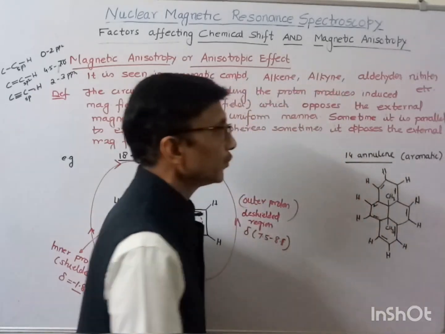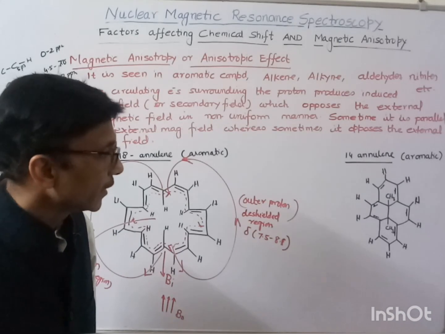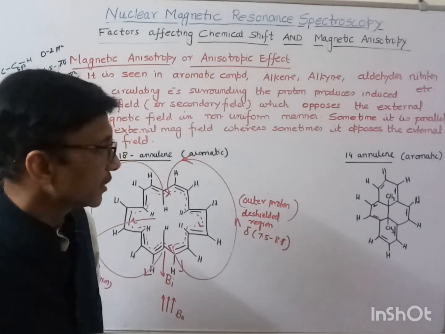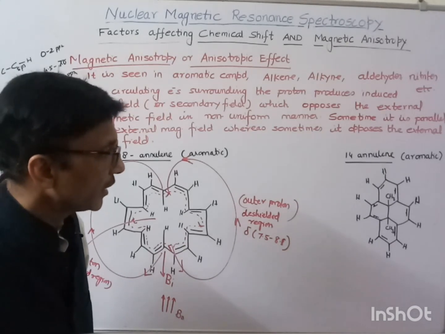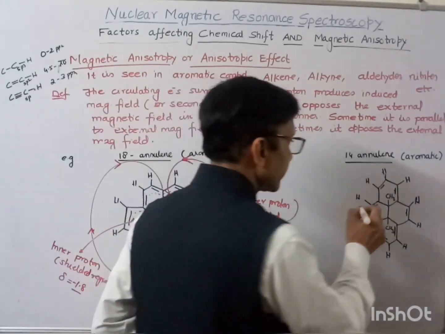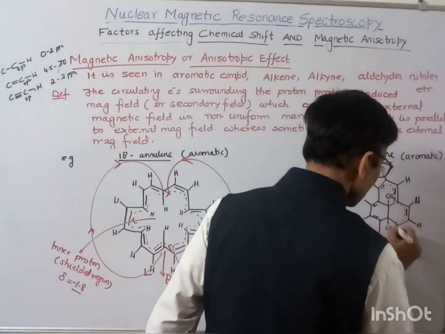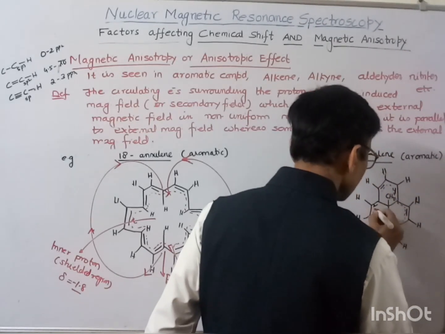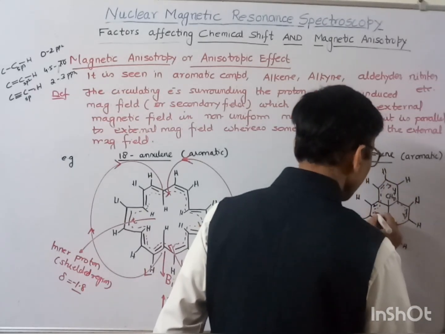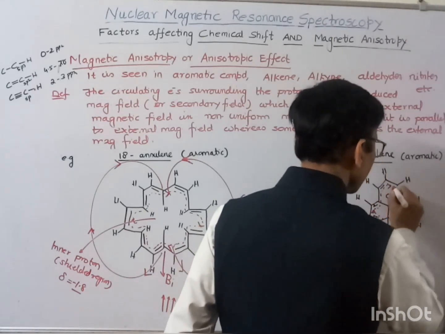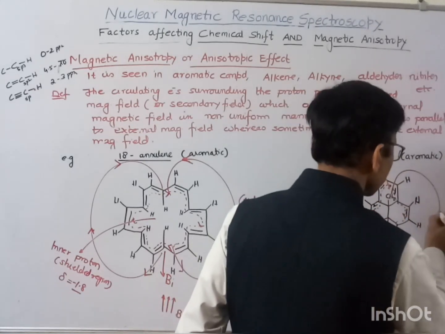That is the 14 annulene system. If you look at the anisotropic effect here, these pi electrons in the conjugated system are circulating in this way, and these circulating electrons will produce a secondary magnetic field like this.